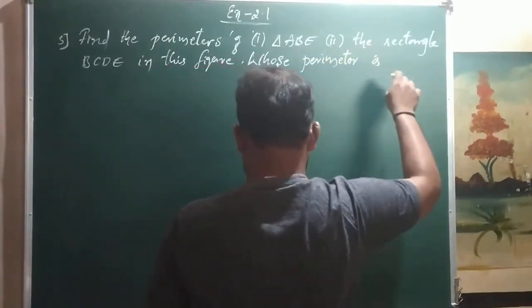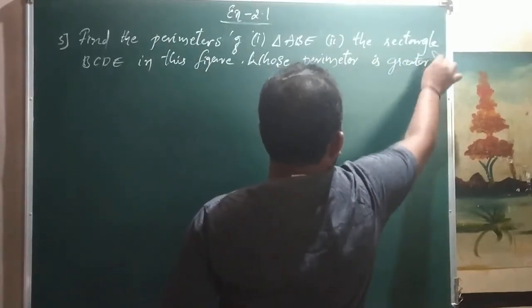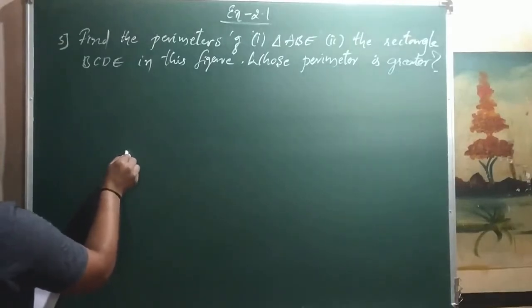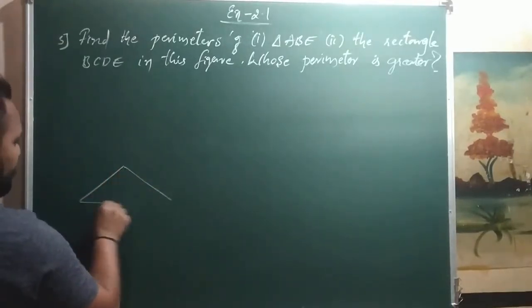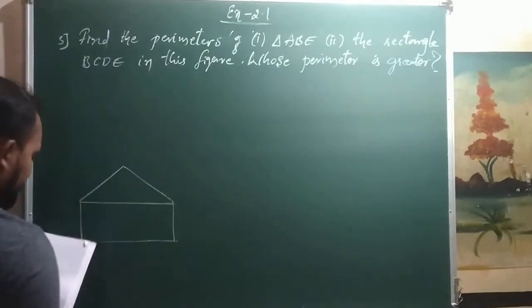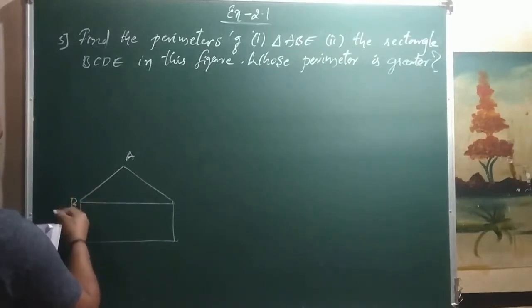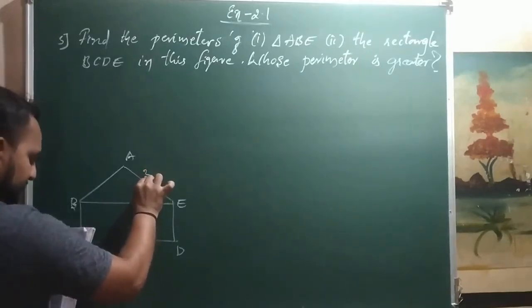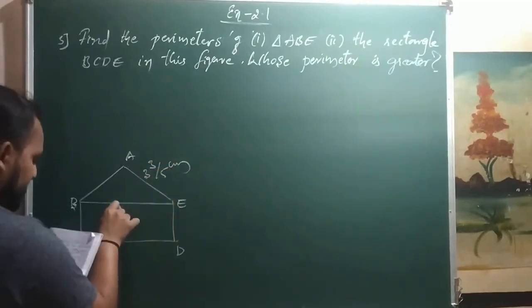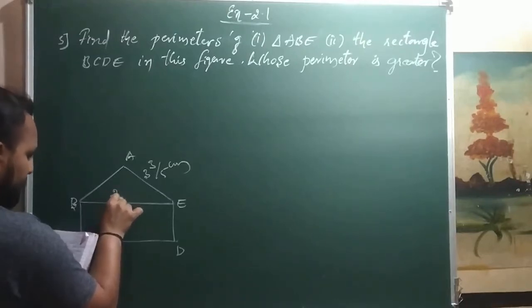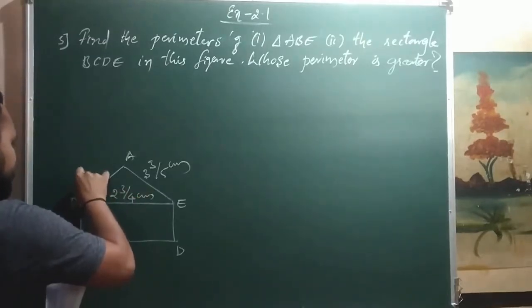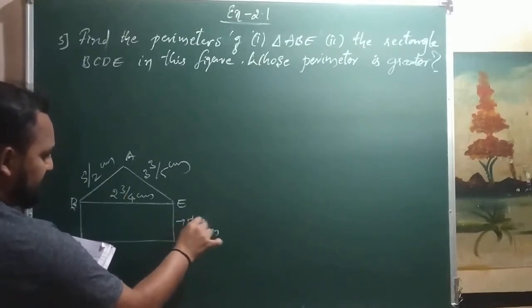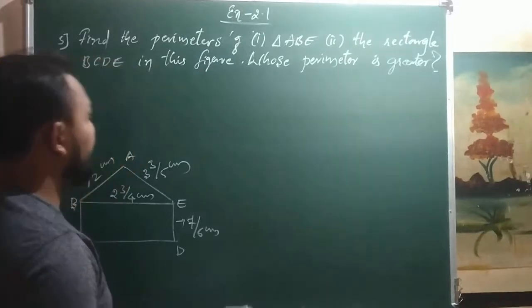Here is the diagram with A, B, C, D and E. The dimensions are 3 3/5 centimeters, 2 3/4 centimeters, 5/2 centimeters, and 7/6 centimeters. Then whose perimeter is greater?